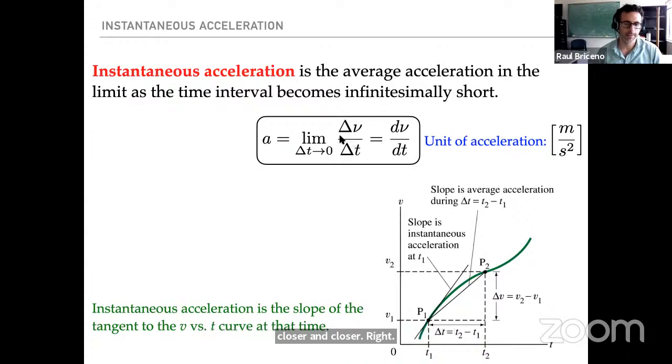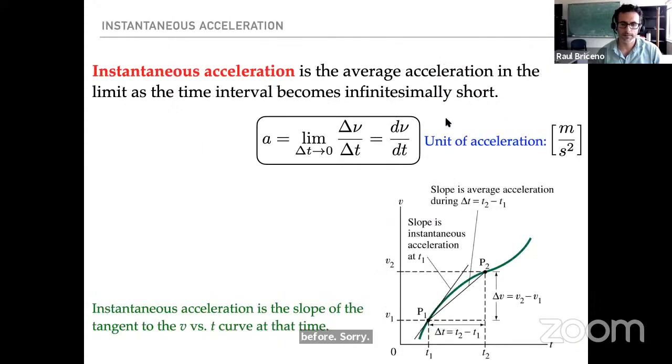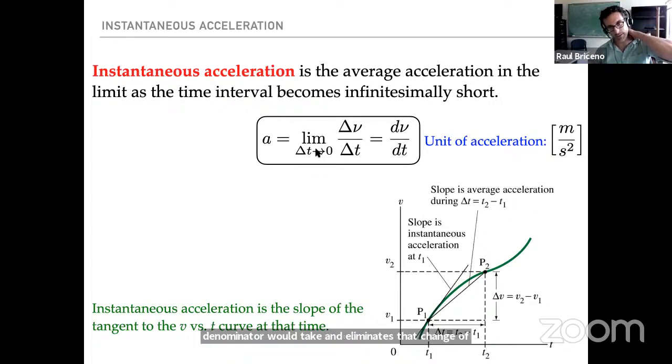And so this limit is the same kind of limit we considered before, where we had the change of some function in the numerator divided by the change of the independent variable in the denominator, and we're taking the limit as that change in the denominator goes to 0.